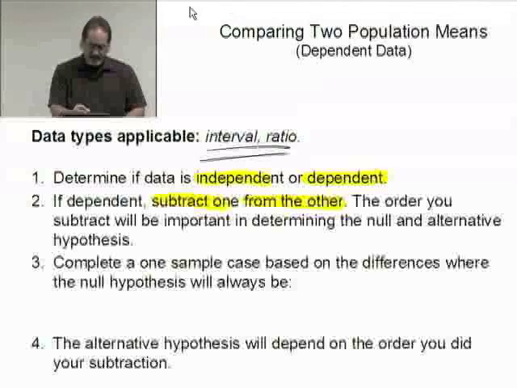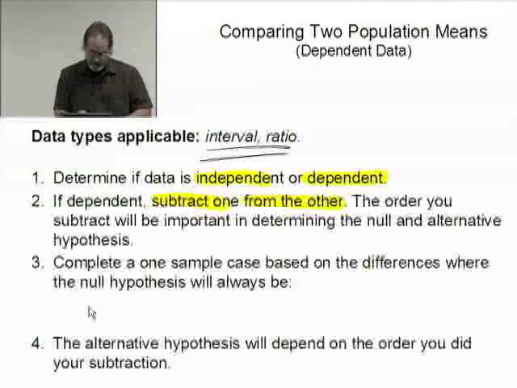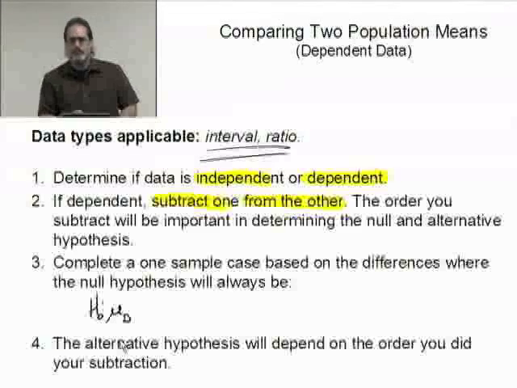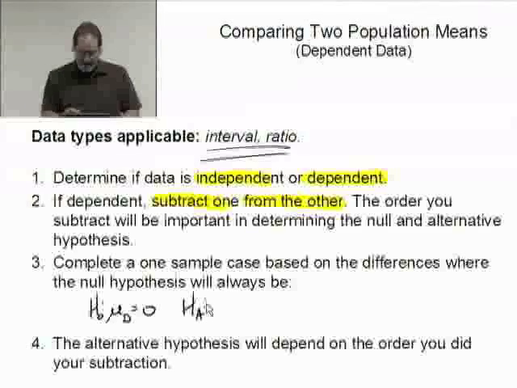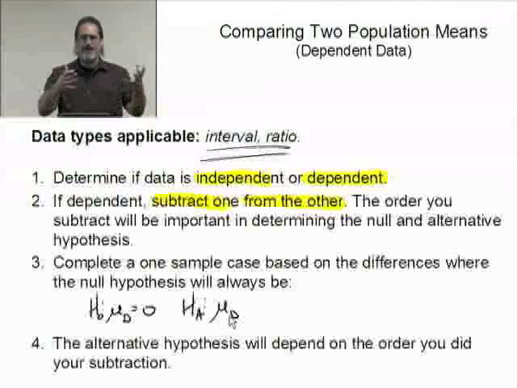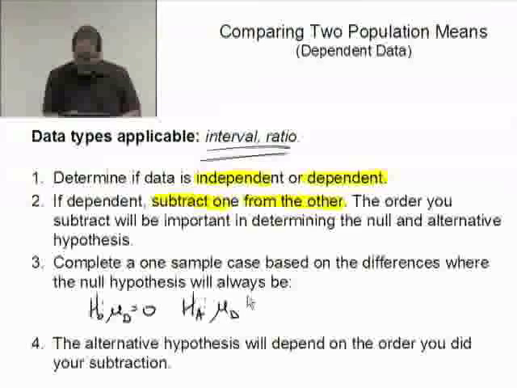So, like I said earlier, the null hypothesis will be that the mean of the differences, which I will subscript with a D so I know I'm talking about the differences, is 0, which indicates no difference. Both groups are the same. And the alternative hypothesis will be that the mean of the differences, depending on the order I do and what the question is I'm dealing with, will be greater than, less than, or not equal to 0.